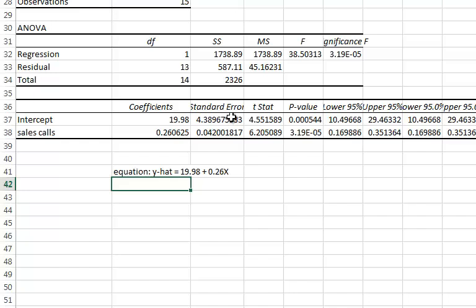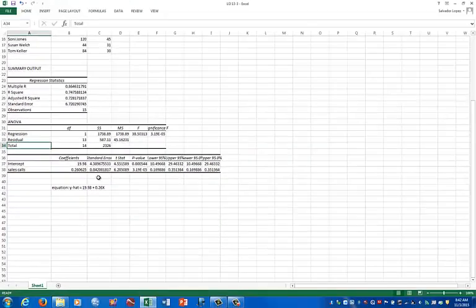This is the regression equation. Now here are values that from chapter 12 you should be familiar with. This is the sum of squares of the regression, this is the sum of squares of the residuals, and this is the sum of squares total. Well, the idea behind this is the following.